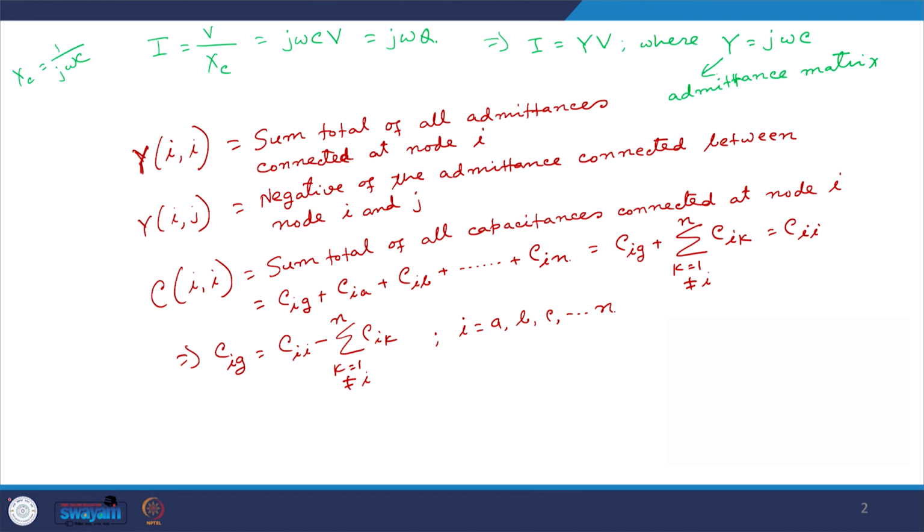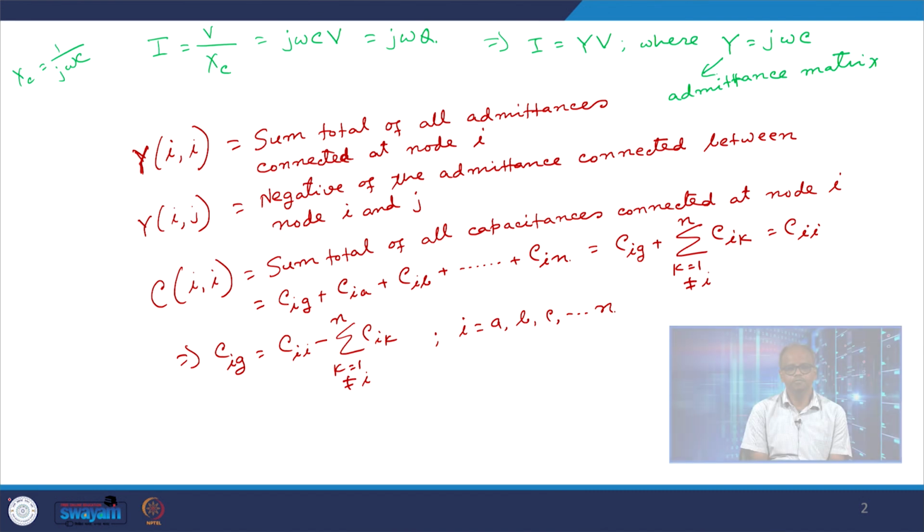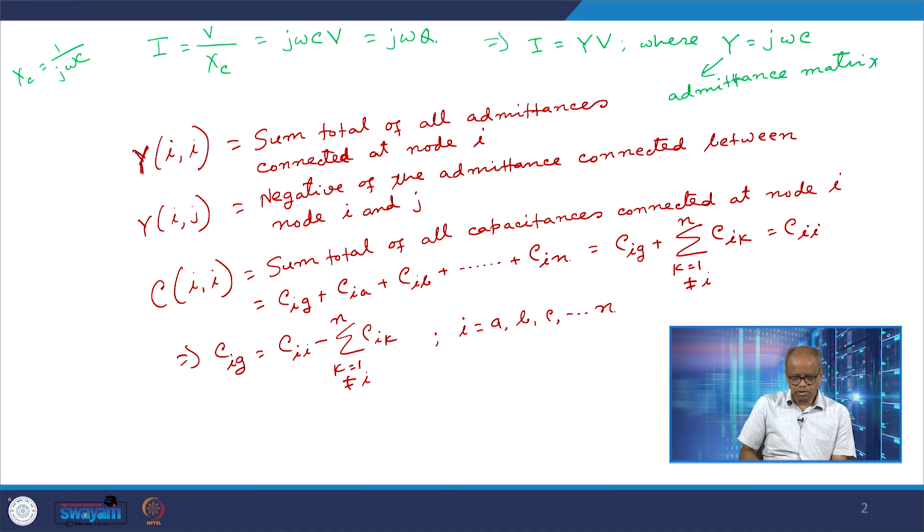In the last lecture, we talked about the calculation of the capacitance of a general N conductor transmission line, and from that we derived that this capacitance matrix can be looked at as a kind of equivalent admittance matrix, where the diagonal terms are nothing but the sum total of all admittances connected at node I, and all the off diagonal terms are nothing but the negative of the admittance connected between node I and j.